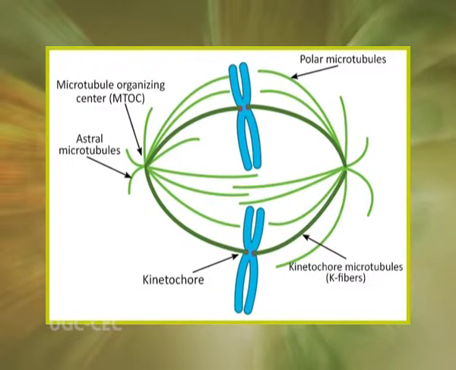An essential component of the cell's division machinery, cytoskeletal elements make up the apparatus responsible for separating the chromosomes during mitosis and meiosis and for splitting parent cells into two daughter cells during cytokinesis.